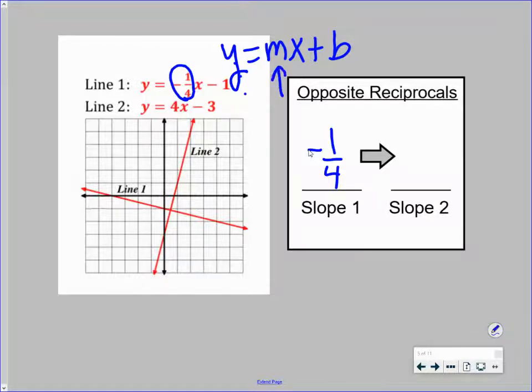So m is our slope and b is our y-intercept. The slope of line 1 is -1/4. The opposite of negative is positive. And if we were to flip 1/4 over, we would get 4/1, which we know can just be written as 4.